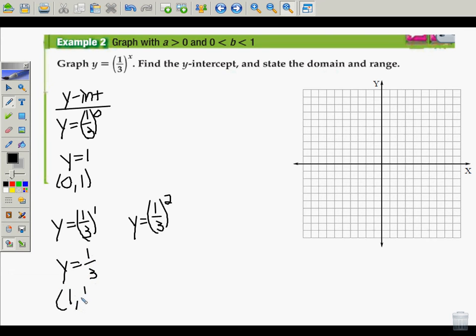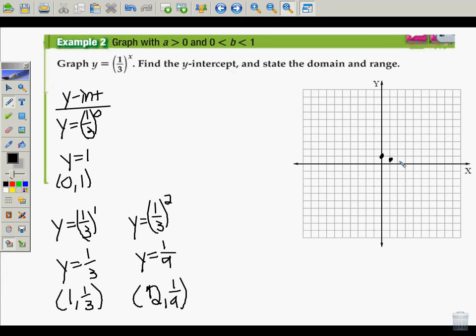For y equals 1/3 raised to the second power, remember you distribute this exponent to each part, so I get 1 squared, which is 1, over 3 squared, which is 9, so y equals 1/9. So I get the point (2, 1/9). Now I've got 3 points, I can go ahead and plot them: (0, 1), (1, 1/3), (2, 1/9).